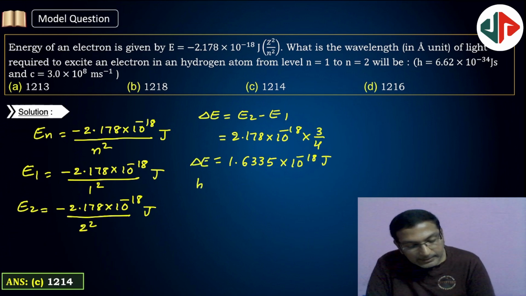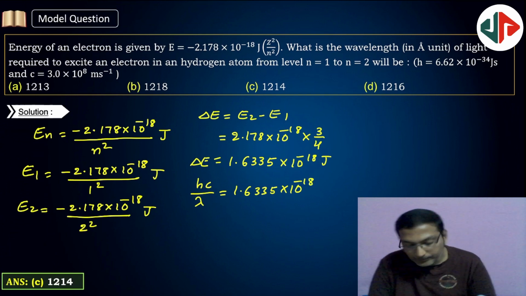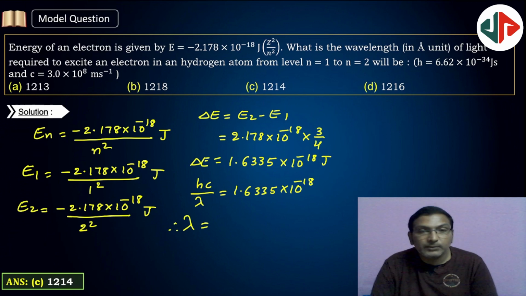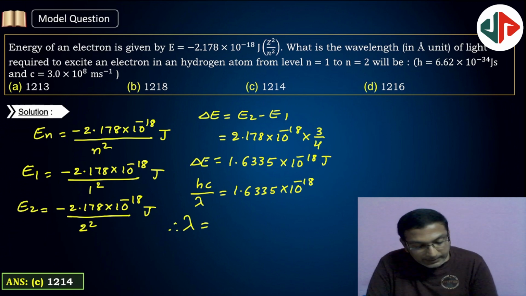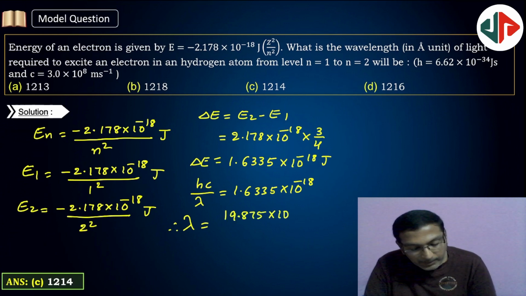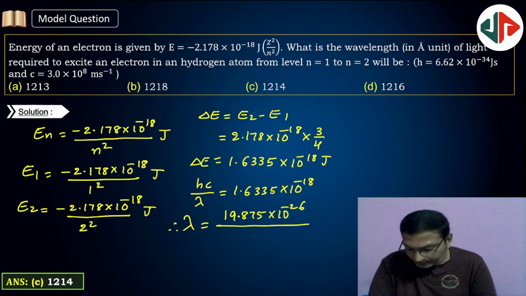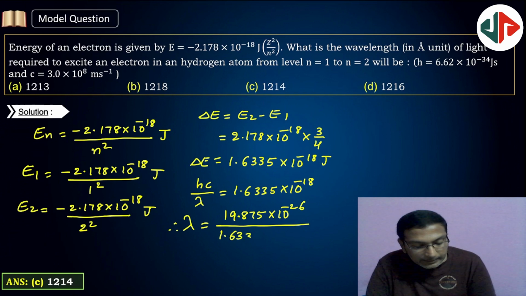We know delta E is hc by lambda, which is 1.6335 into 10 power minus 18. Therefore lambda value equal to, so we know hc value, 19.875 into 10 power minus 26, h into c value, by 1.6335 into 10 power minus 18.